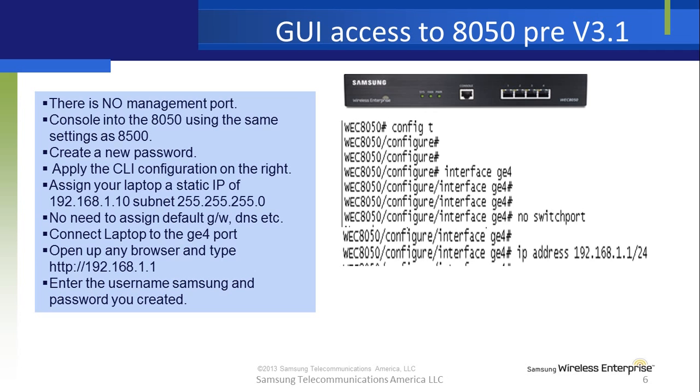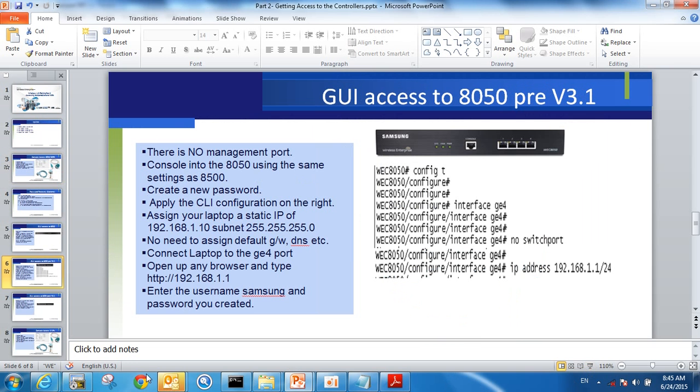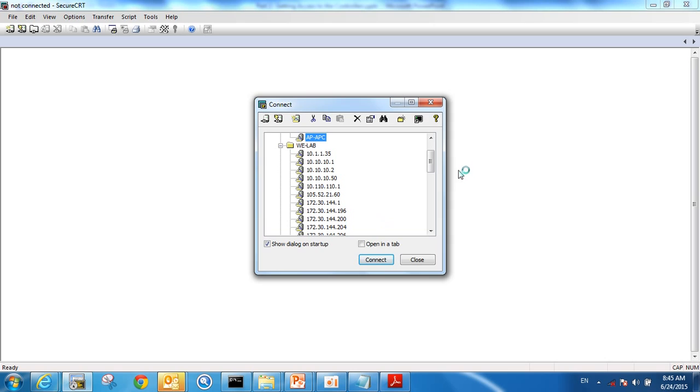The way to find your version is to do a show version command, and I can show it to you here. Let me log into one of my controllers, which is in the cloud right now.